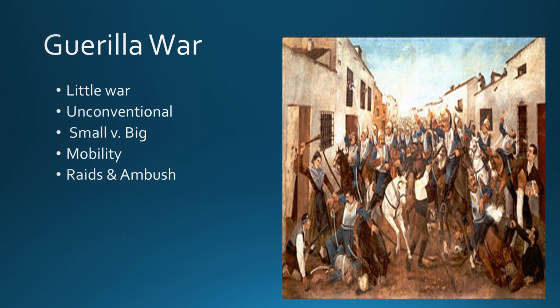And so what you see is our guerrilla fighters hiding in the forest. They use the geography to their advantage. And then all of a sudden, this big traditional fighting force comes in, swoops on in, runs havoc, as you can see in the picture. And by the time this larger conventional fighting force has the ability to situate themselves and realize what happened, this smaller guerrilla force is already gone and moved on.